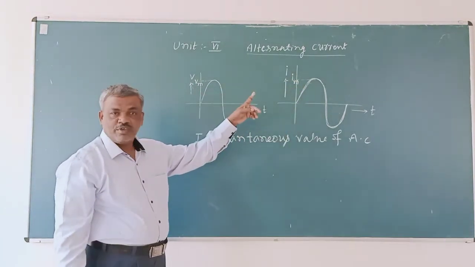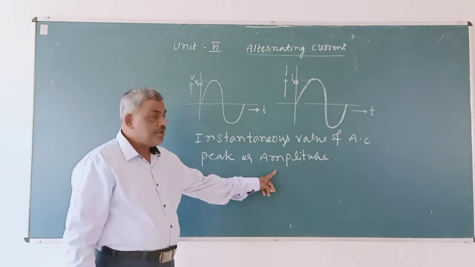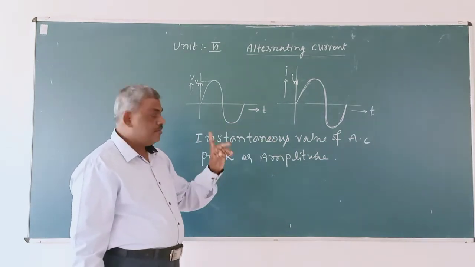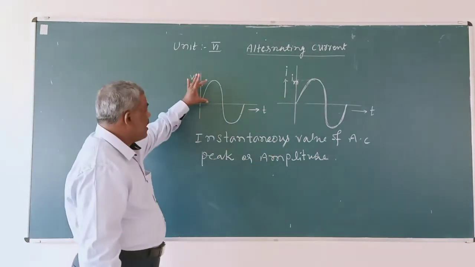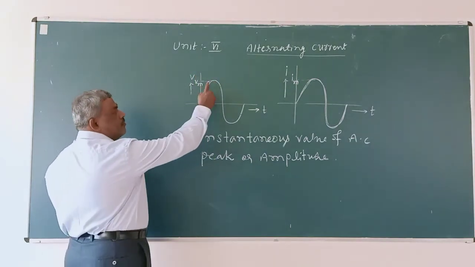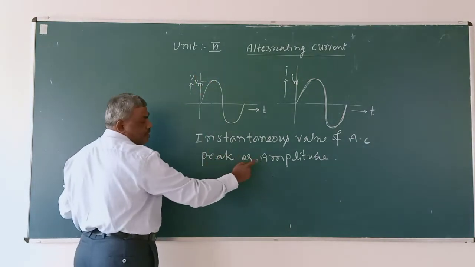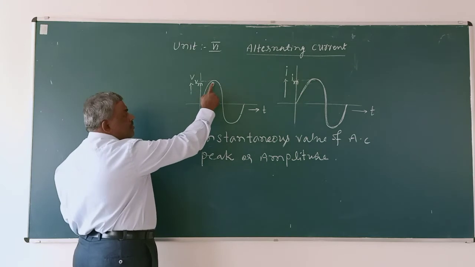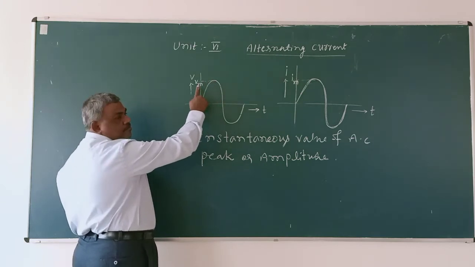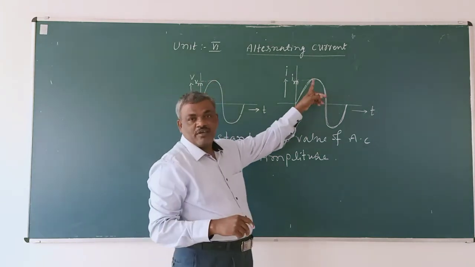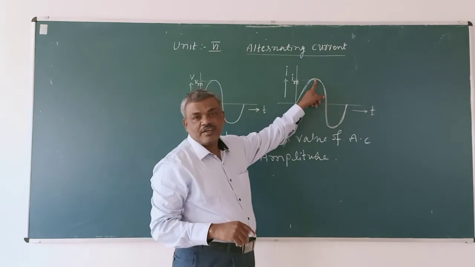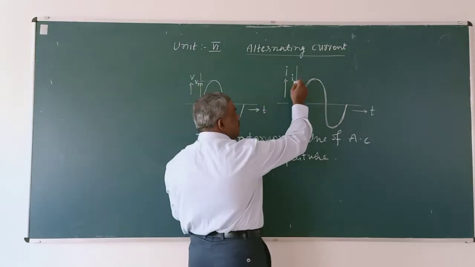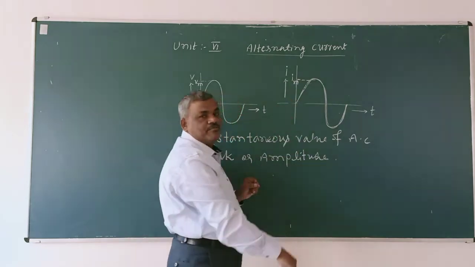So Vm or Im are the peak or amplitude values of AC. The maximum value of alternating voltage in the graph is Vm. In the second graph, the maximum value of alternating current is Im.